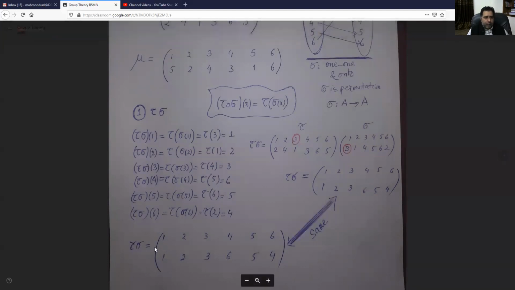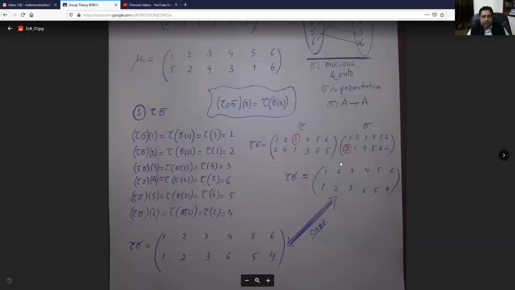Tau times sigma, you have these 6 inputs, 1, 2, 3, 4, 5, 6, in these brackets, and the second row corresponds to the output values 1, 2, 3, 6, 5, 4, and you will get the same result by this short way of multiplying 2 permutations.